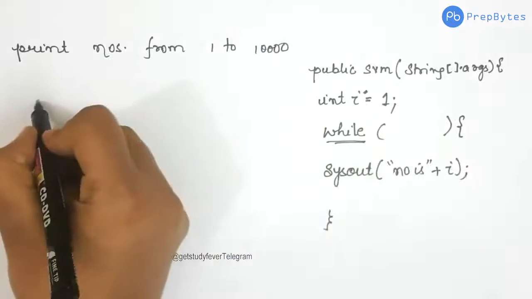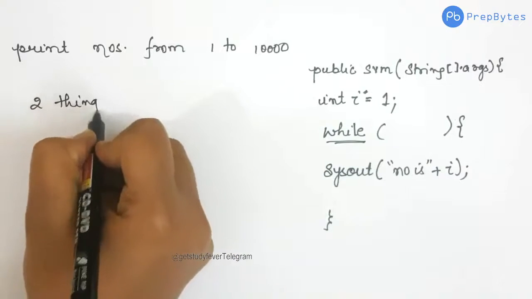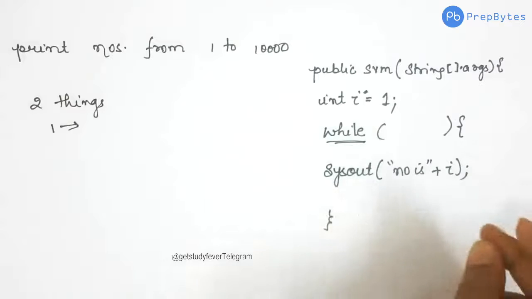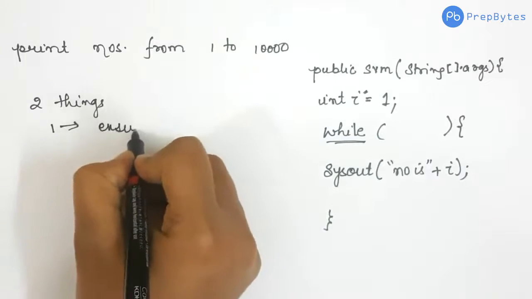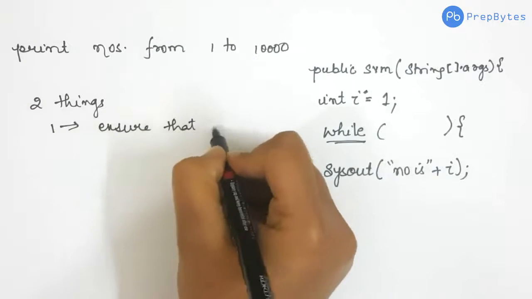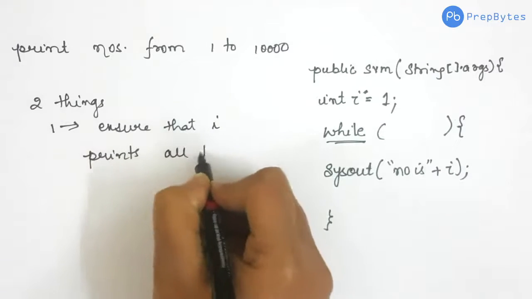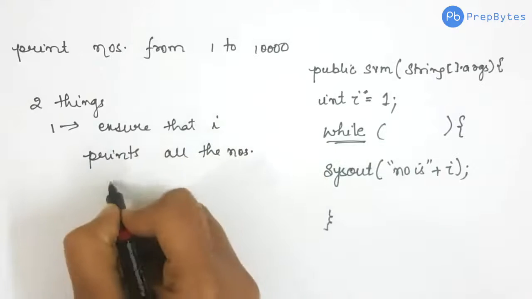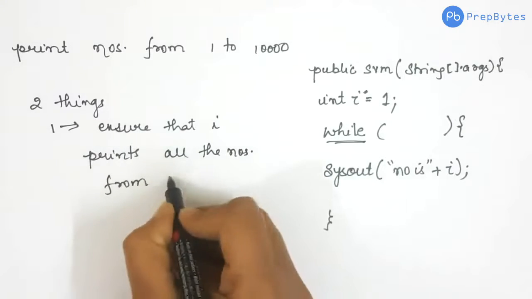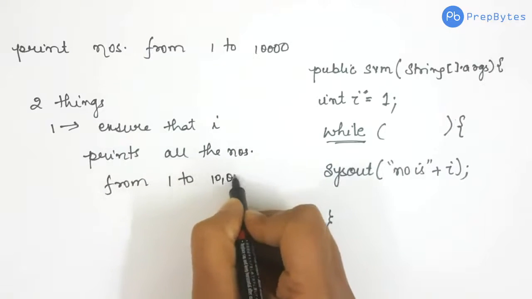So there are two things that we have to do here. First, we have to ensure that i prints all the numbers from 1 to 10,000.